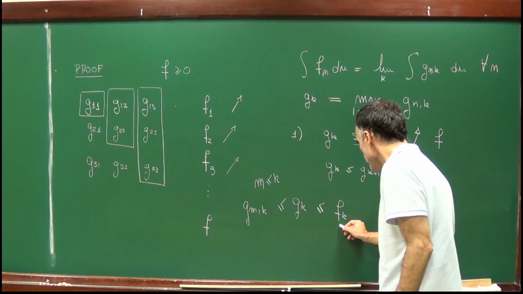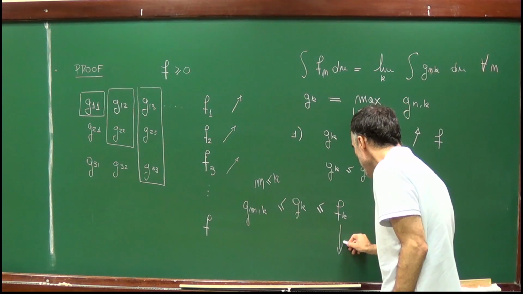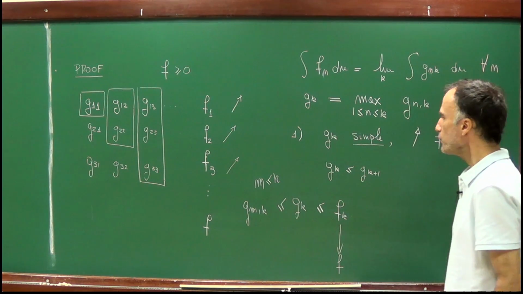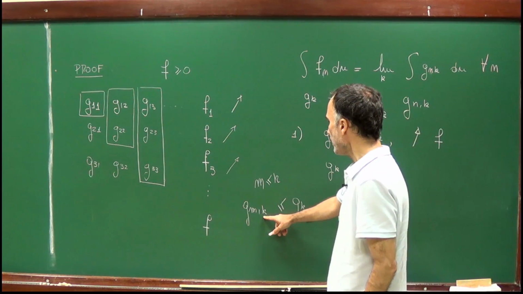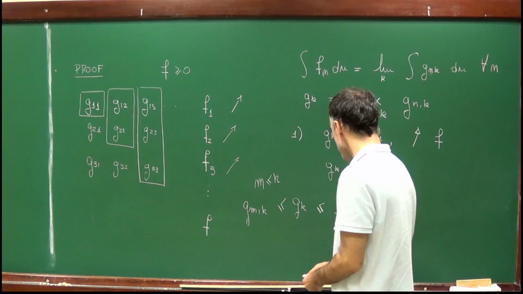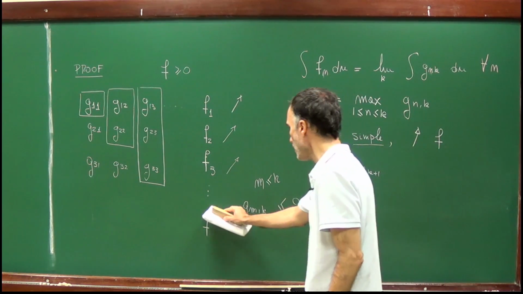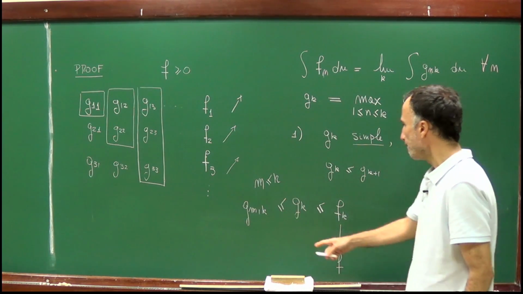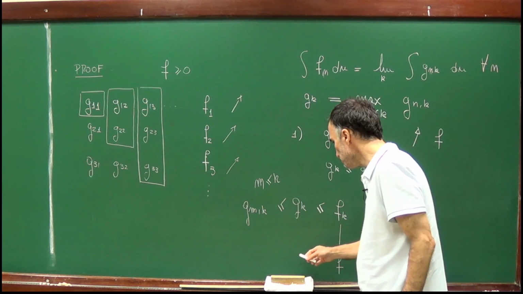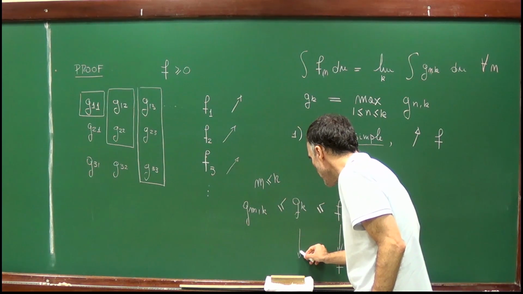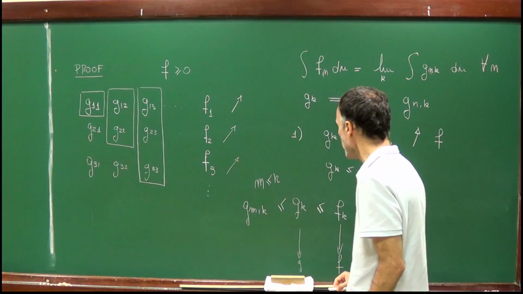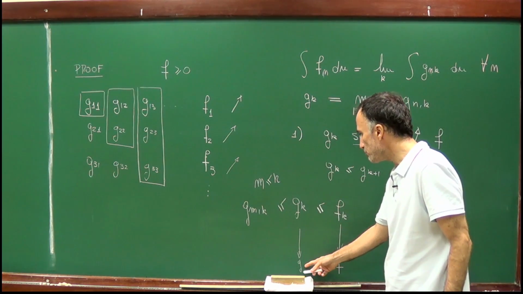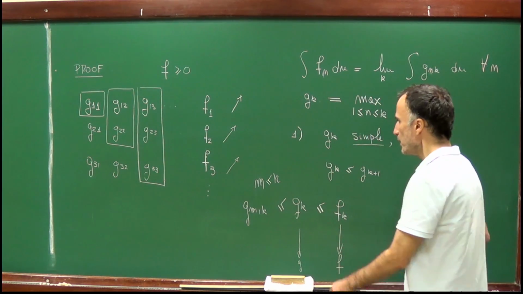So on the one hand, this sequence, as k increases to infinity, is converging to f. On the other hand, if I send k to infinity, the limit of g_k is an increasing sequence, therefore it has a limit, so let me represent it by g.